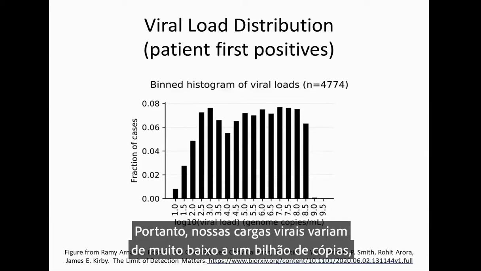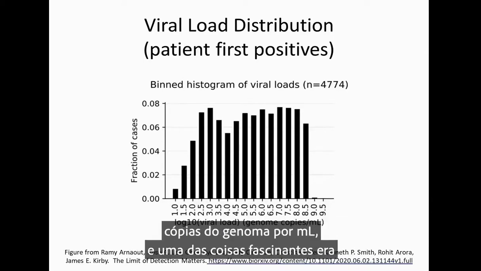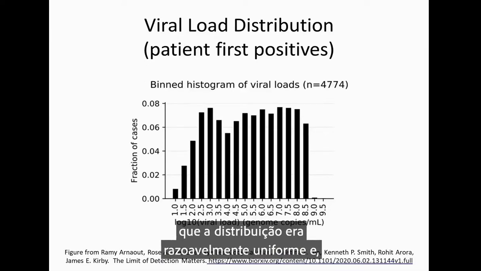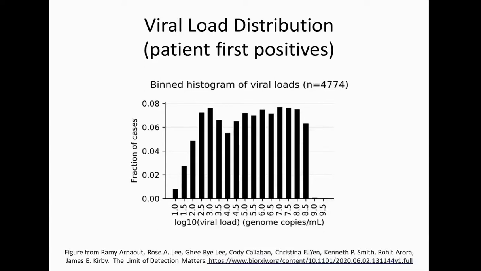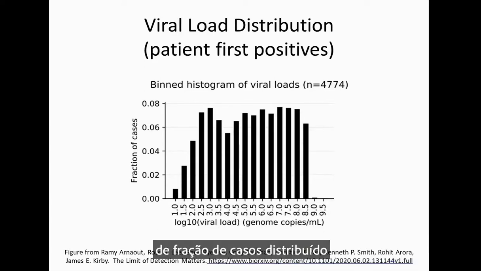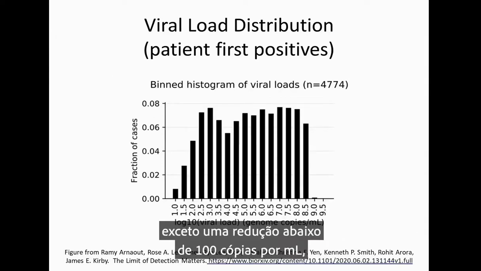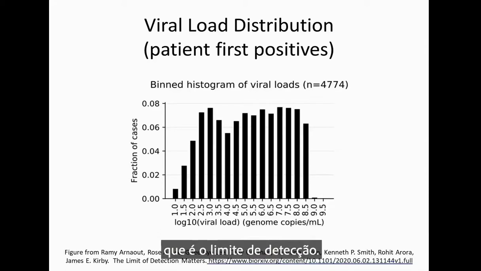Our viral loads range from very low up to 1 billion genome copies per mil. One of the fascinating things was that the distribution was fairly even. So you see about the same fraction of cases distributed throughout the range of detection, except for a drop-off below 100 copies per mil, which is the limit of detection.